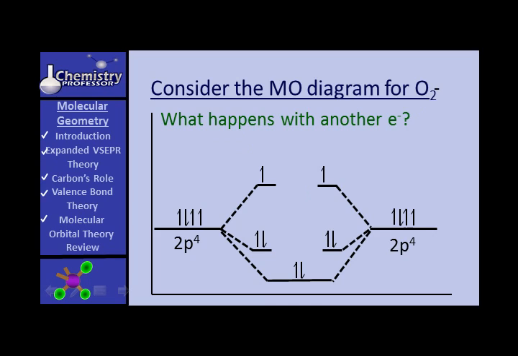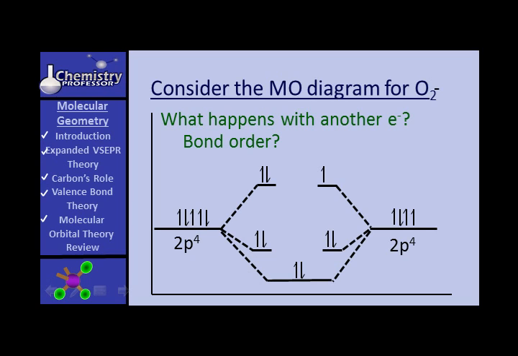Let's consider what happens when we add another electron to an oxygen molecule. Here we have another electron, and now this one has 2p5, and here's the electron. Now, when you look at it like this, we'll pair up one of the electrons that are in a pi antibond. The other one is unpaired.